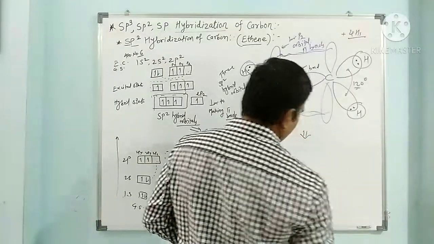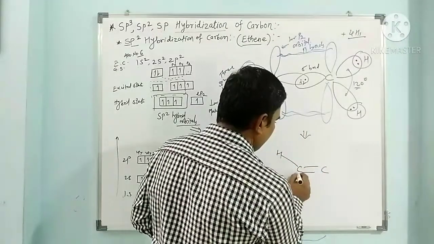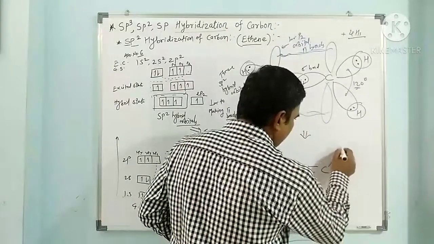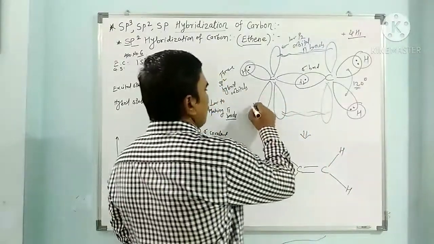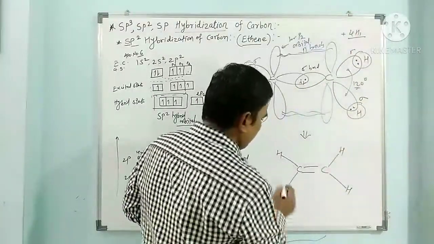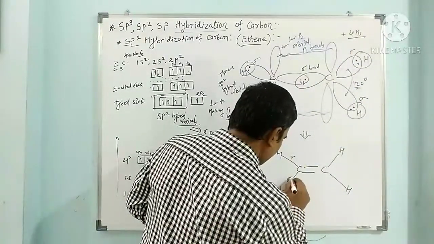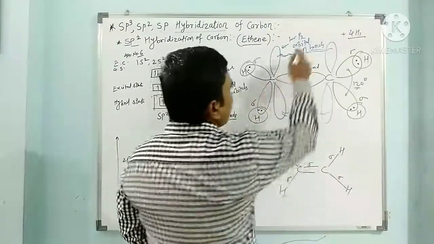So C double bond C, with hydrogen, hydrogen, hydrogen, hydrogen. How many sigma bonds? 1, 2, 3, 4 and 5. So these are sigma bonds, and this is one pi bond.